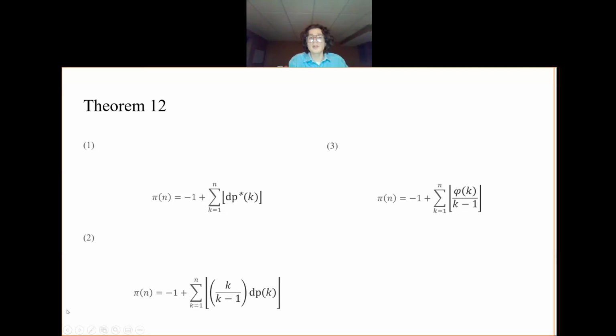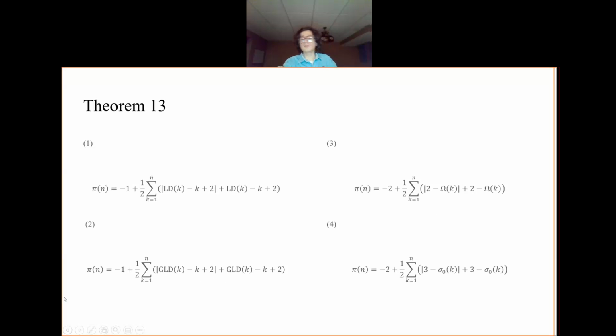Okay, so theorem 12, we relate the prime counting function to dp star, dp, and the totient function using the floor function. These are fairly easy to prove because you'll see that the summand of each of these is equal to 1 only for prime numbers and the number 1. Theorem 13, similarly, we relate the LD, GLD, prime omega, and divisor functions to pi of n.